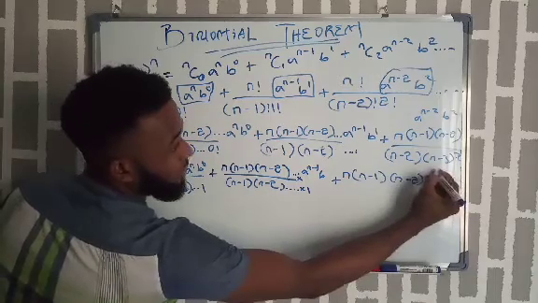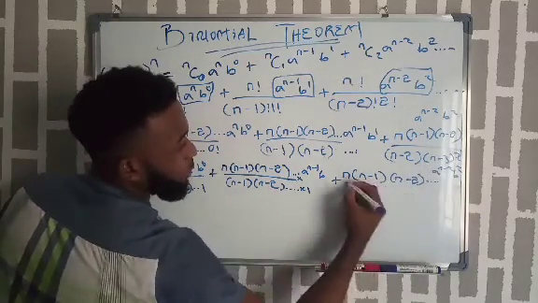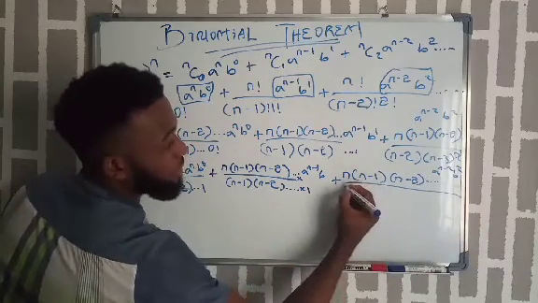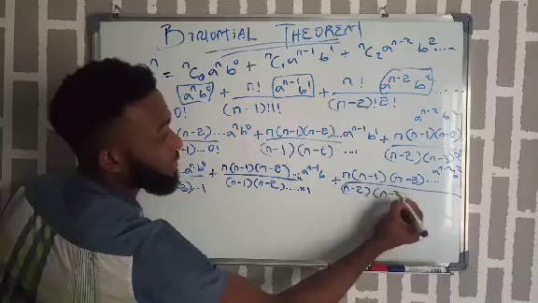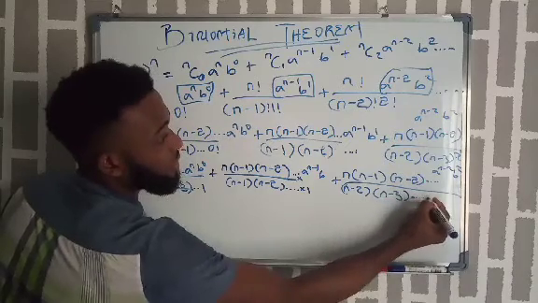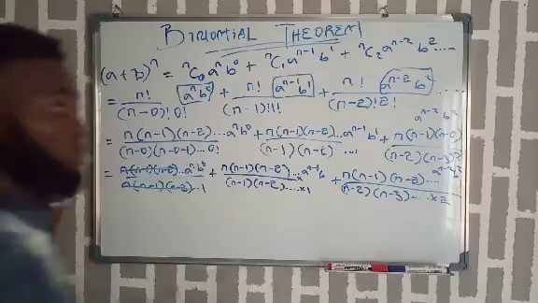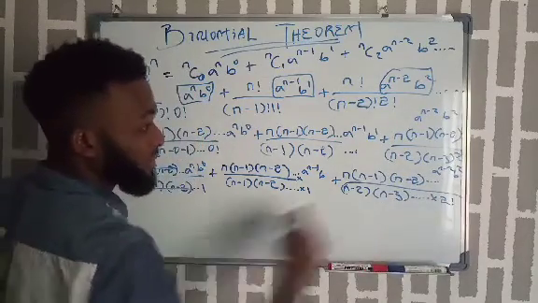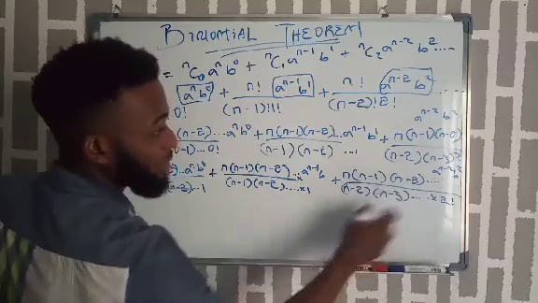Then a raised power n minus 2 and b squared over, this becomes n minus 2, n minus 3, and so on and so forth, multiplying 2 factorial. There are a lot of numbers here, and in fact n minus 3 is also here too.